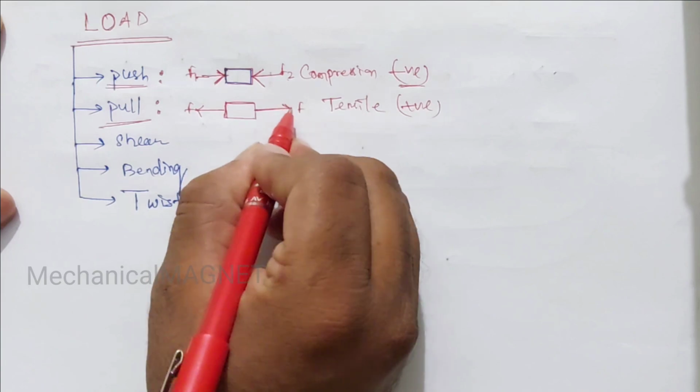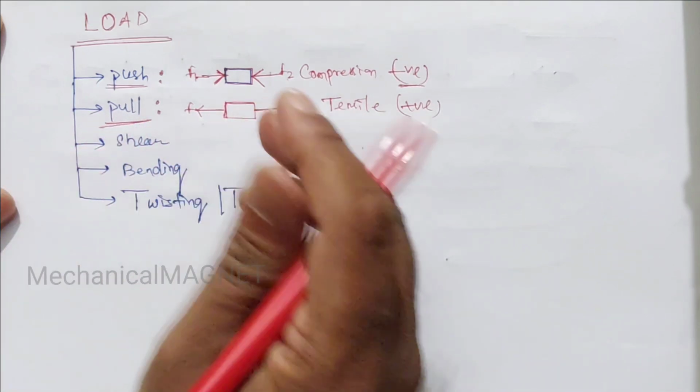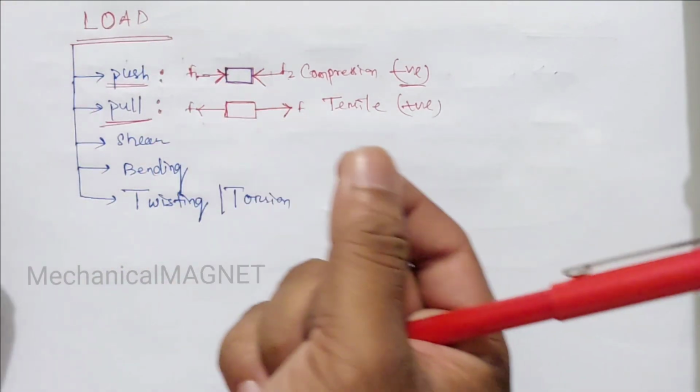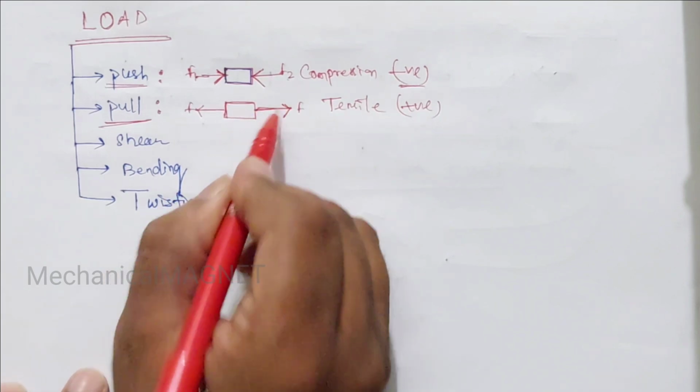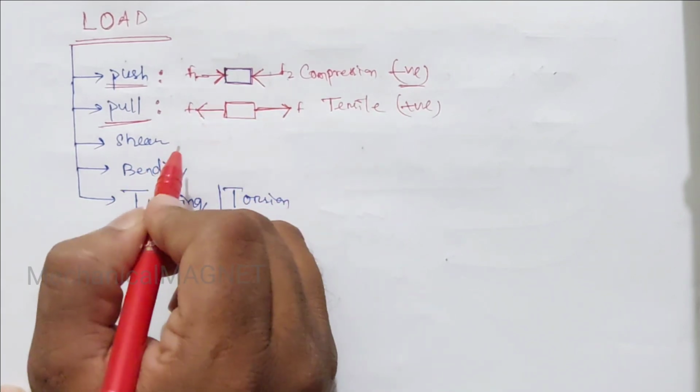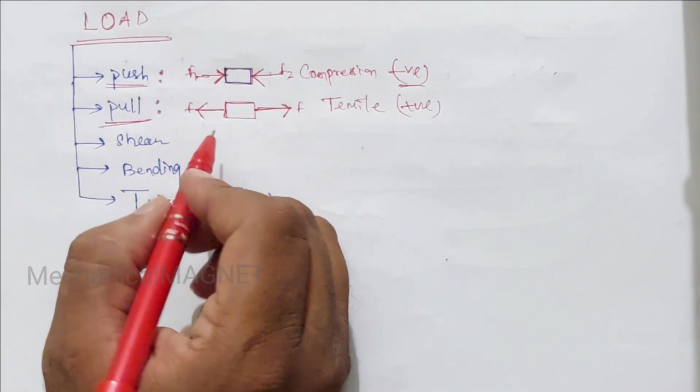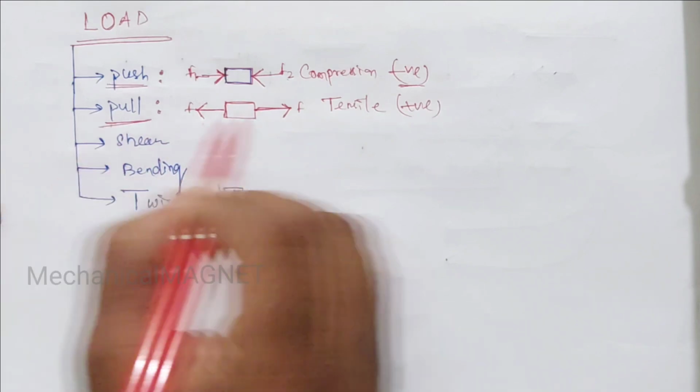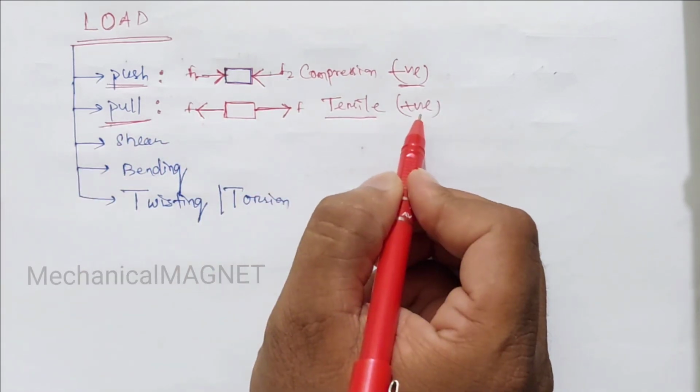When the forces pull like this, you can stretch the body from here to here and here to here. This is the stretching force. So this stretching force is known as pull force. This is also known as the tensile force, and it is the positive force.